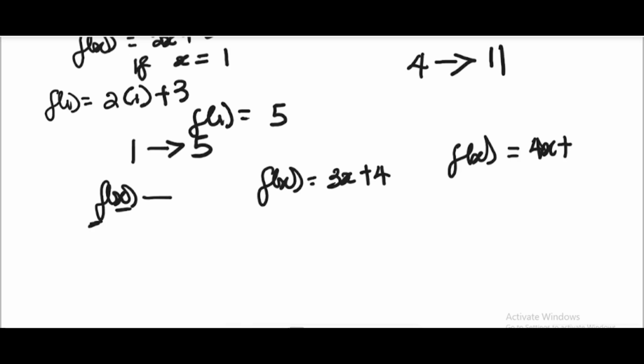So when you have two different functions in one question, you can use the letter g to differentiate one function from the other. So you can have f of x equal to 3x plus 4, and g of x equal to 4x plus 3.